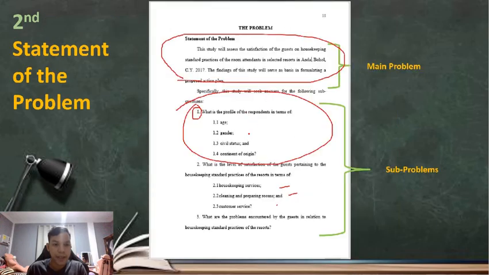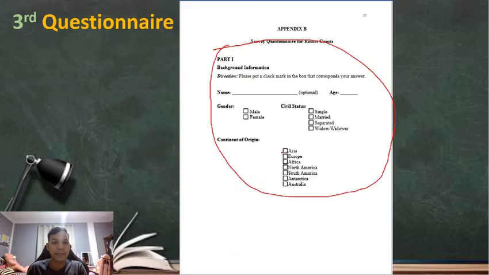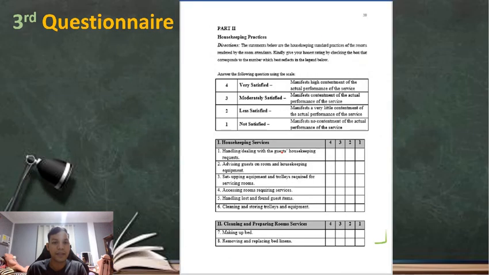So in your questionnaire, this is part 1 because this is your sub-problem number 1. Next, sub-problem number 2, what is the level of satisfaction of the guests pertaining to housekeeping standard practices of resorts? So part 2 must be about the level of satisfaction.